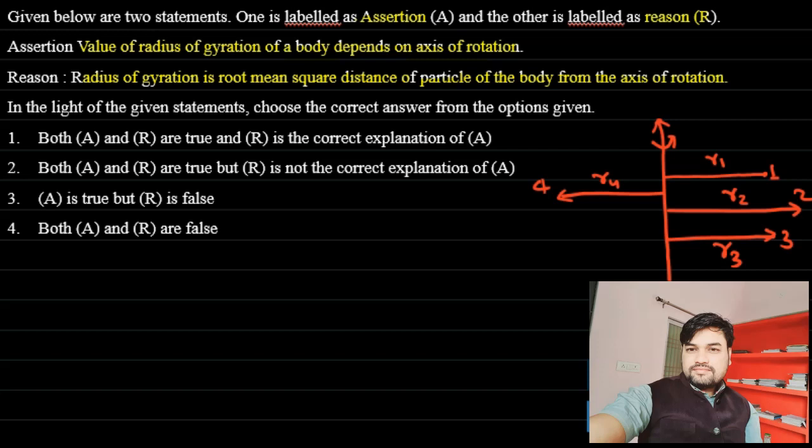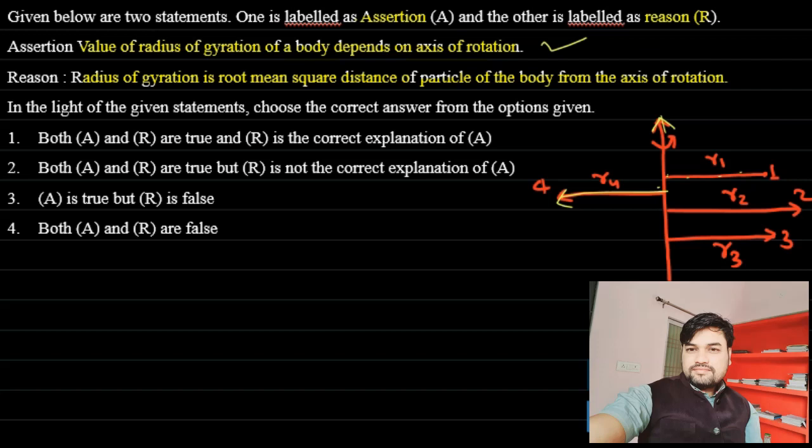So first of all, the value of radius of gyration of a body depends on axis of rotation. This is correct, since this is the axis of rotation, and this distance from the axis of rotation is important for calculating the radius of gyration.